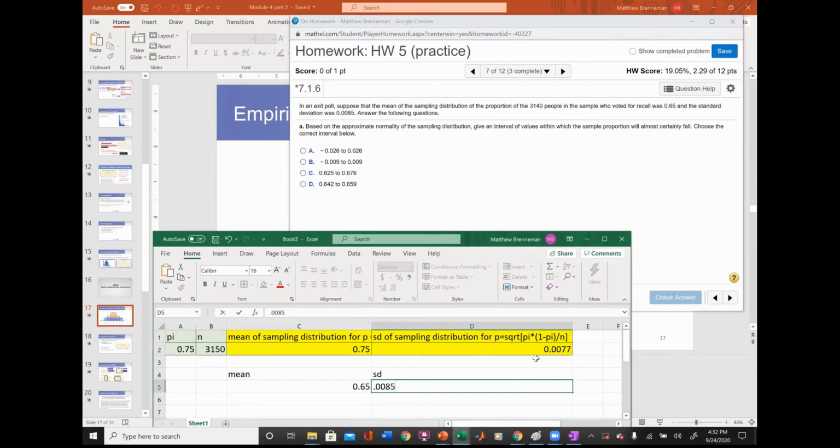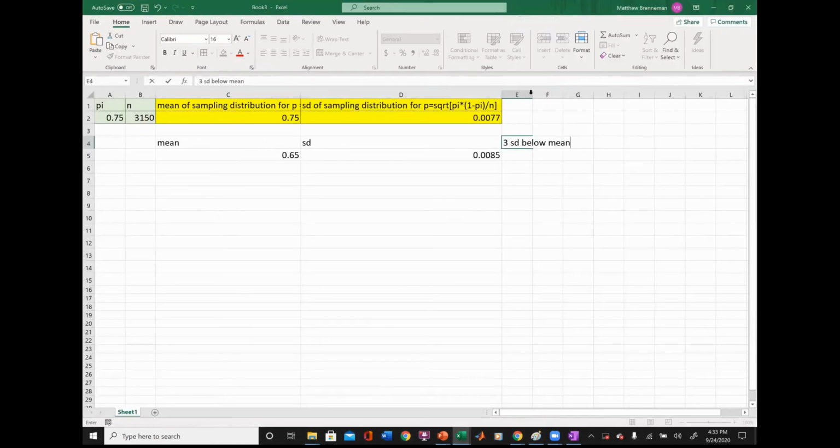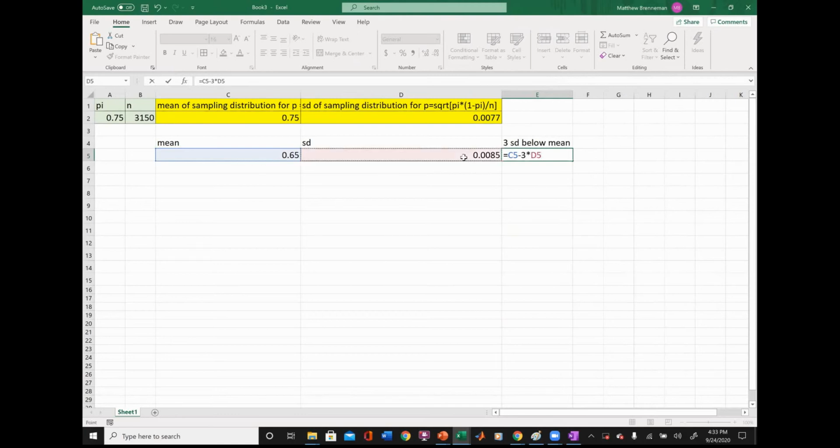And so 3 standard deviations below is just going to be equal to the mean, and I'm just going to subtract off 3 standard deviations. So minus 3 times whatever's in the cell for the standard deviation.